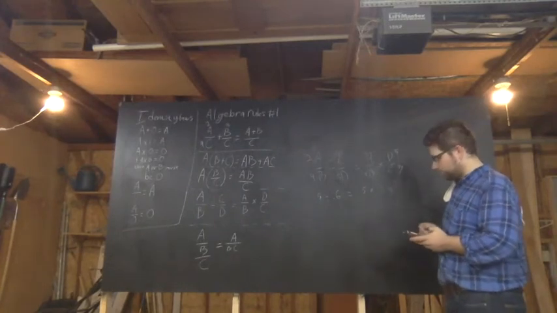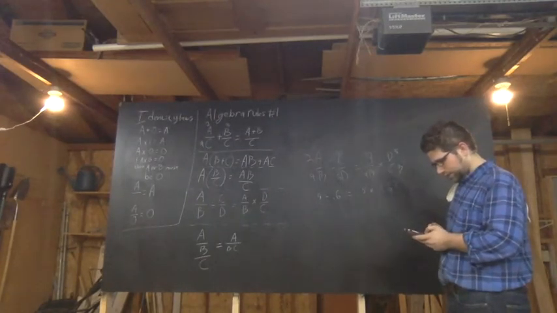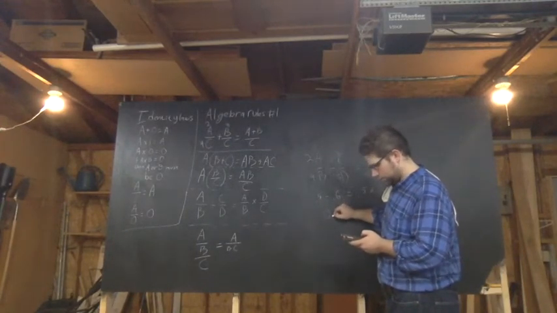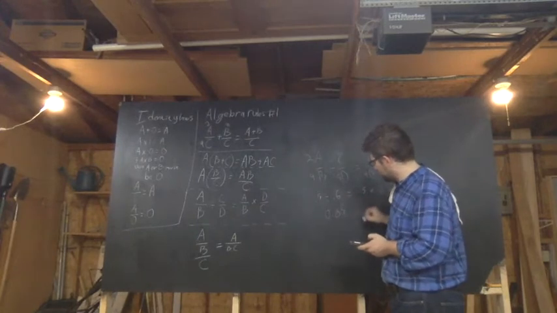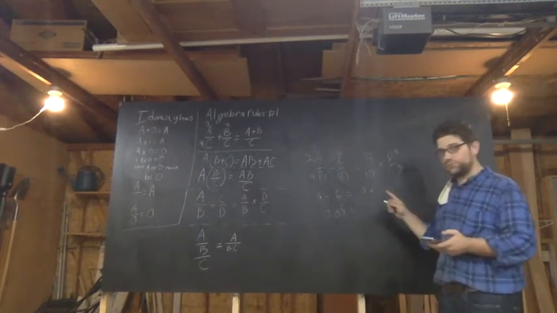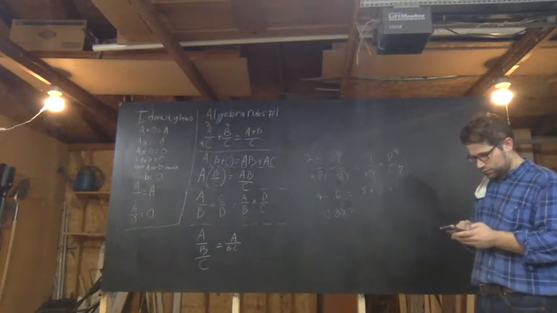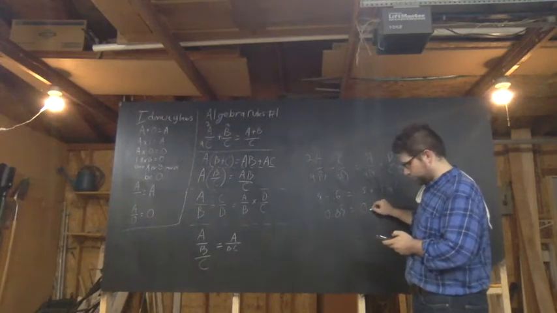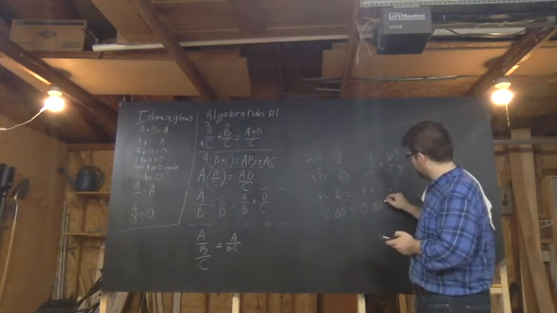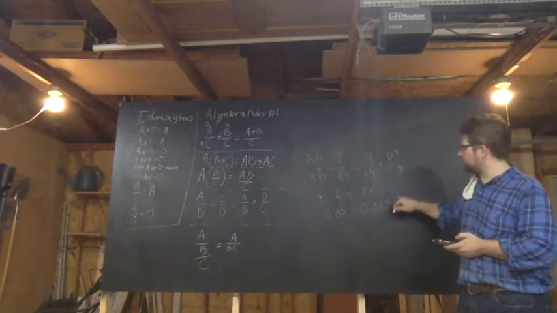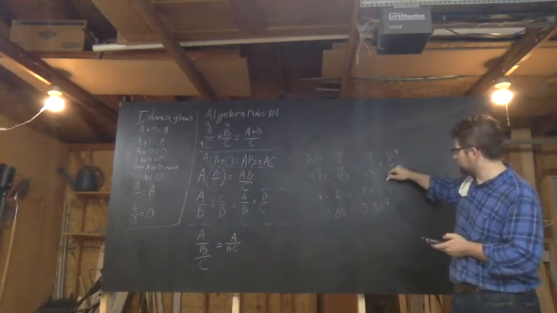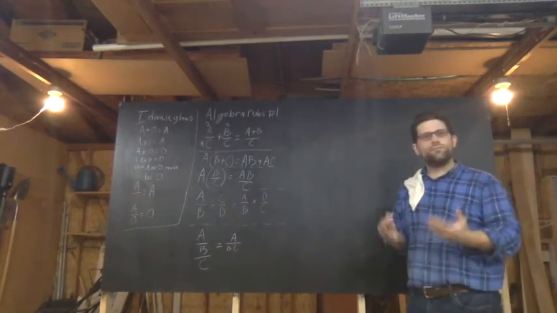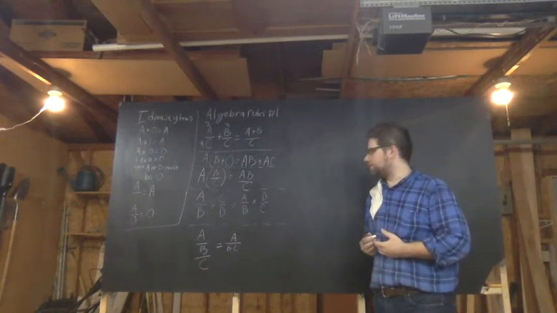So 0.5 divided by 0.6 is equal to 0.83 repeating. That should be equal to 0.835. Now that slight discrepancy is due to my rounding here, because this was 6 repeating, and I just rounded it to 0.67.